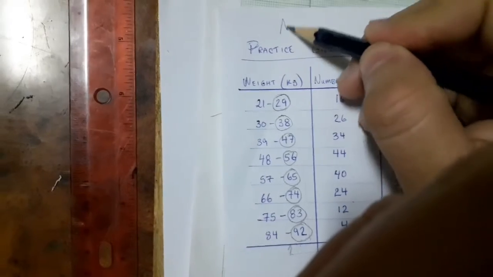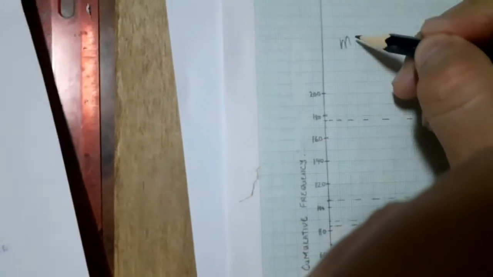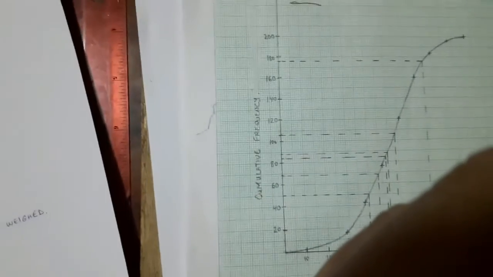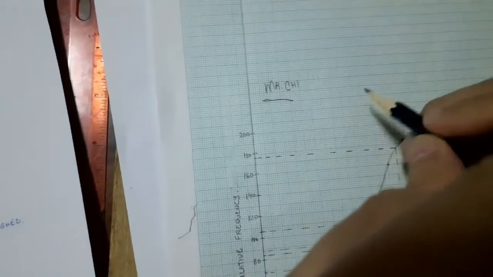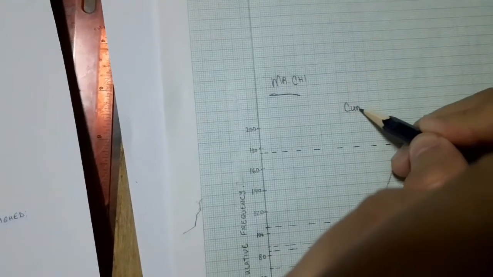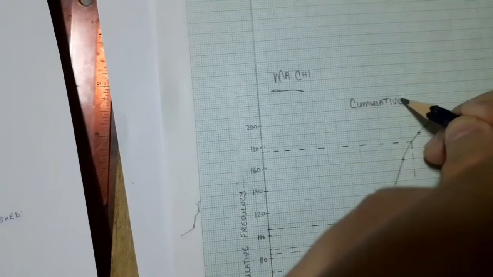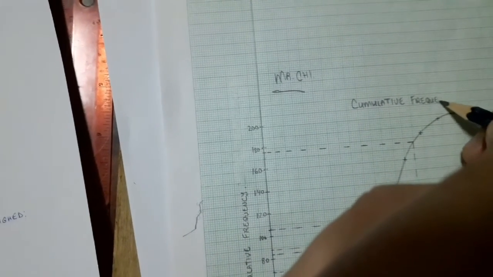So make sure that you write your name on your paper and also on your graph. That's how I know that it is yours. We write a title for all of these, and the title is Cumulative Frequency Curve. That's our title. Legibly, you write your title, and that is it.